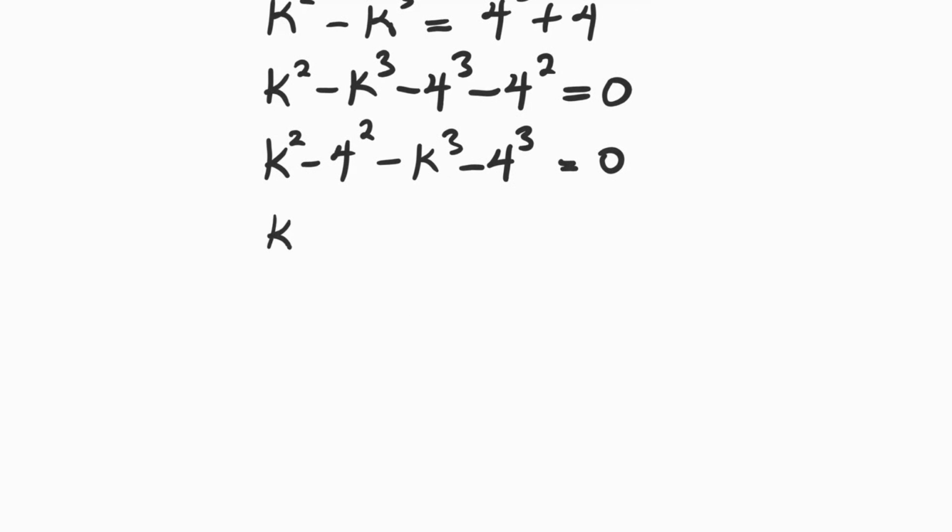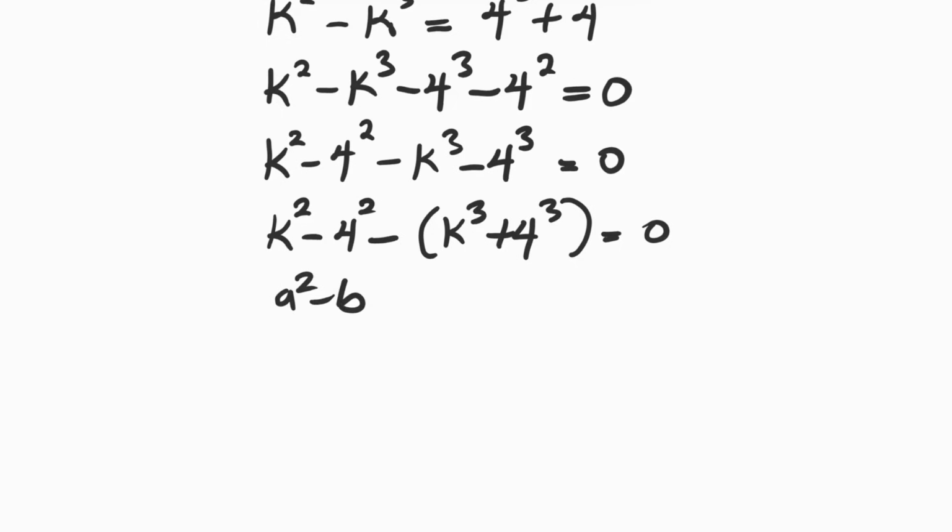Now this is the same thing as k squared minus 4 squared minus the quantity k cubed plus 4 cubed, and this is equal to 0.